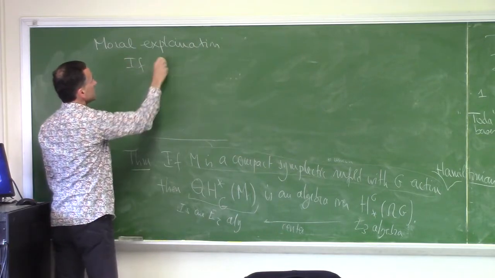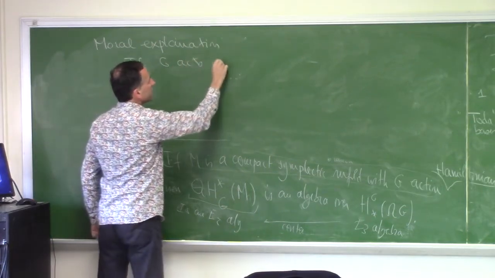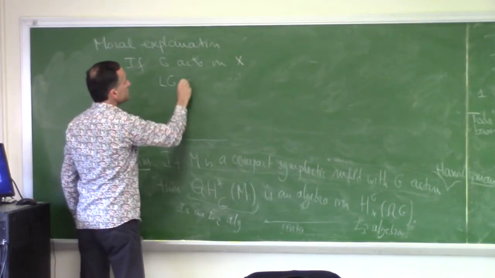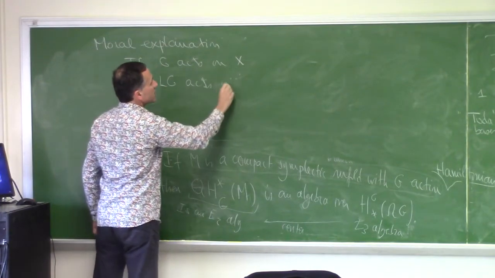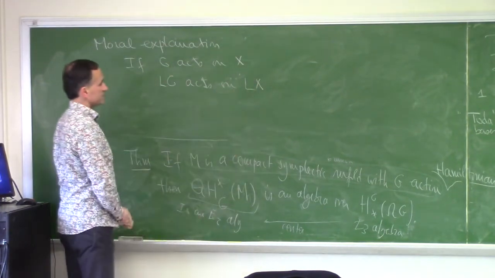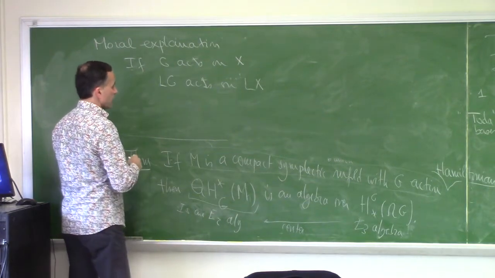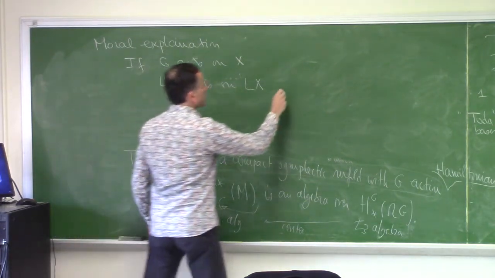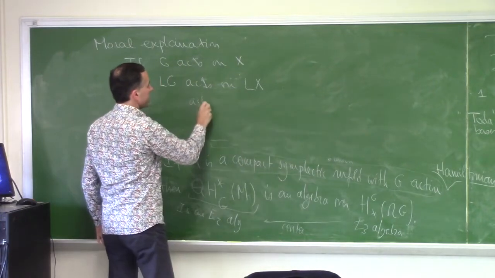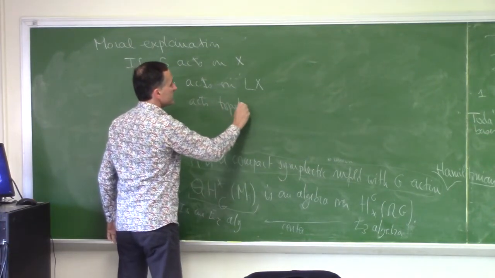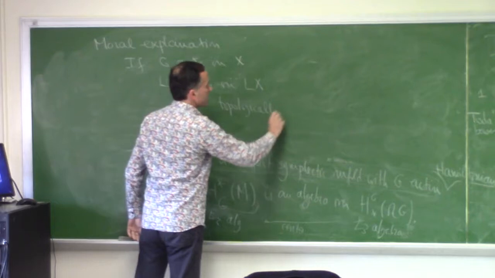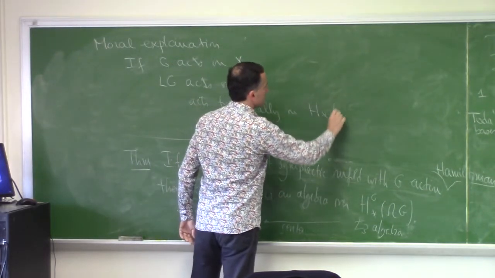So if G acts on a manifold X, then LG of course acts on the Coulomb space of X. So it acts topologically on the homology of the Coulomb space of X.